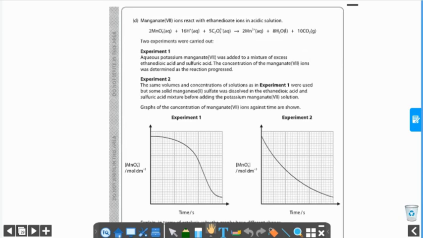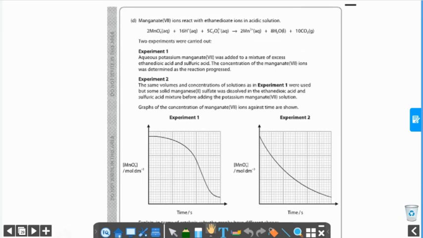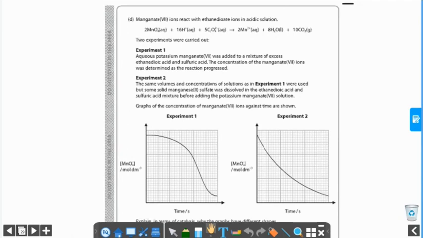Let's go back to the statement. Manganese 2 sulfate. Now we know this manganese 2 plus is the product here, but in experiment 2, you are adding manganese 2 plus.